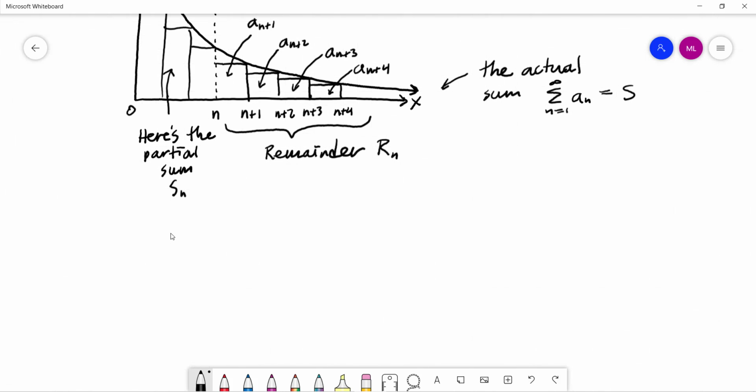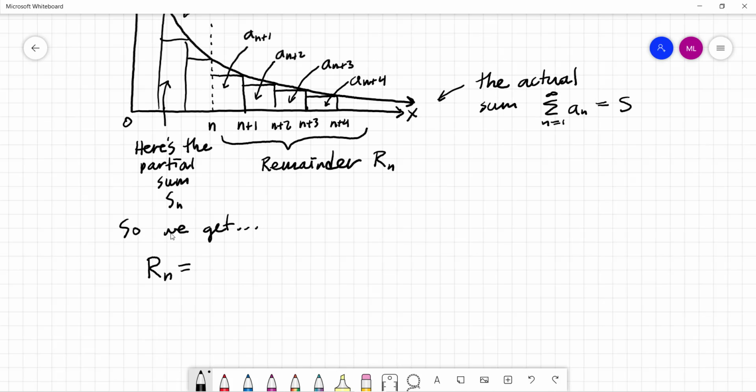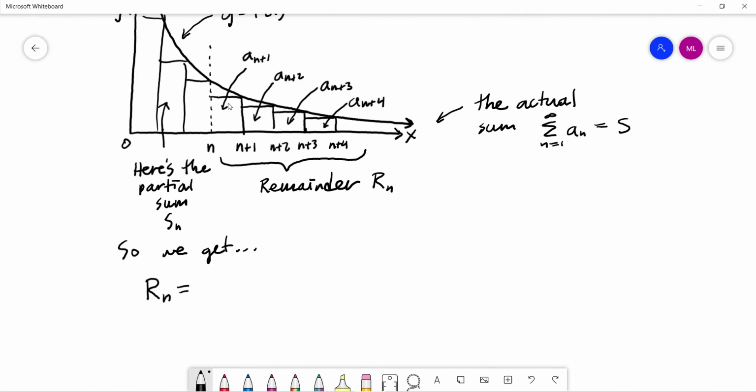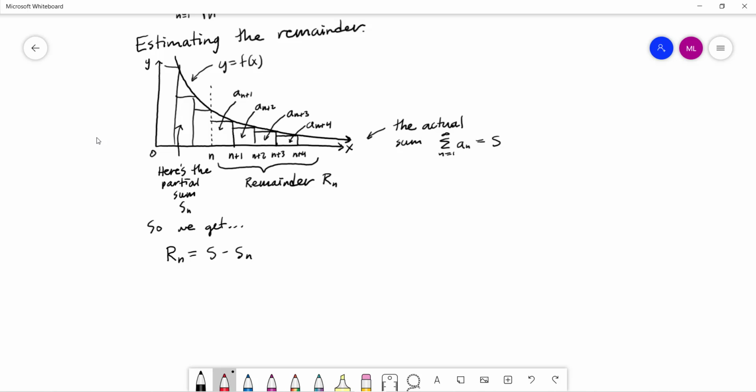So what we get is the following. The remainder, r sub n, is going to be equal to the sum of all of these terms, which is the sum of all of the terms, S, minus the terms that occurred to the left. So it's going to be S minus S sub n. Let me do some colors here.